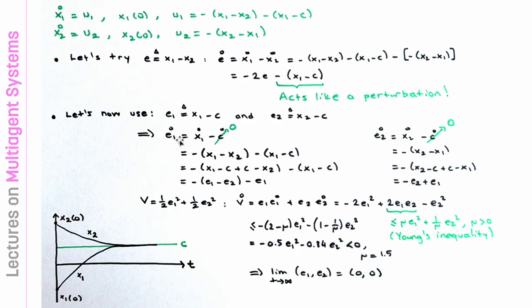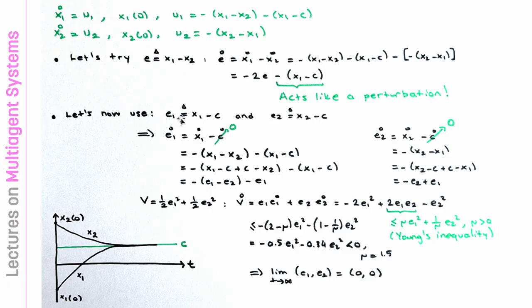If you differentiate, E1 dot: x1 dot becomes, C dot is 0, x1 dot was here. I am adding and subtracting C here because this becomes E1, this becomes minus E2, and this is already minus E1. A simple trick that helps me write everything in terms of errors.